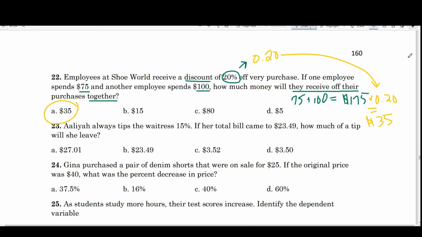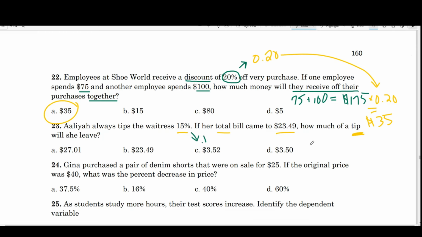All right, number 23 says, Aaliyah always tips the waitress 15%. If her total bill came to $23.49, how much of a tip will she leave? So we know what she wants to leave percentage-wise, and we know what the total is, $23.49. So we want to figure out how much the tip is, based on what she spent. We're going to multiply times the percentage. So just like the previous question, we want to change this to a decimal.